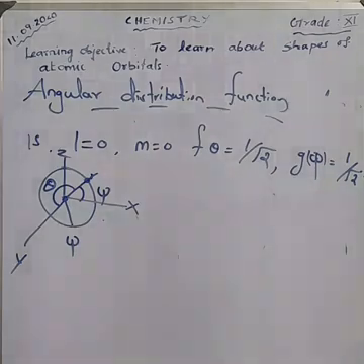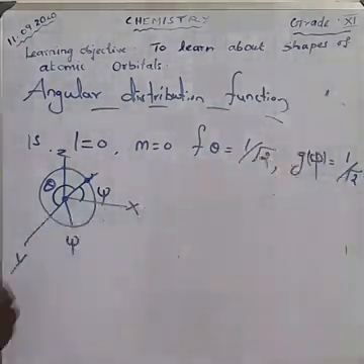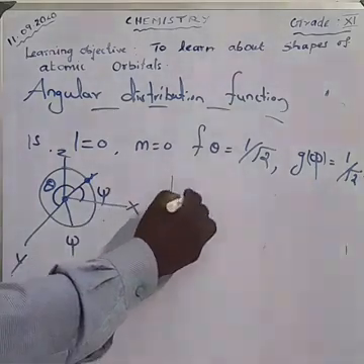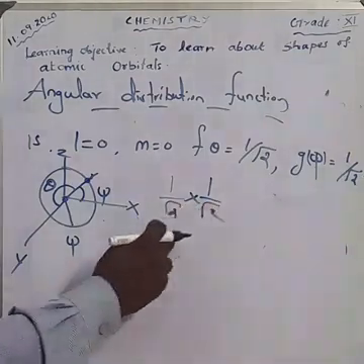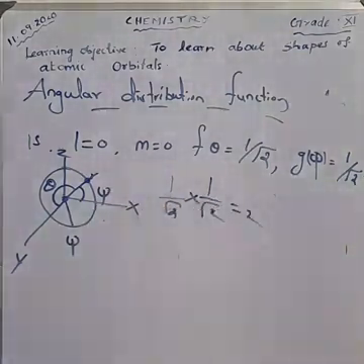Now, how can you calculate the angular distribution function? Here I have root 2, and here I also have root 2. We can write it as 1 by root 2 into 1 by root 2, which is equal to 2.